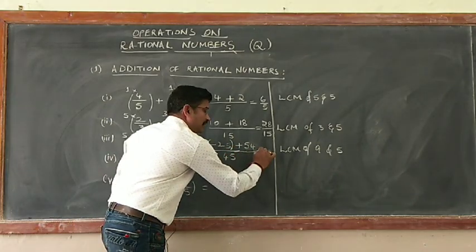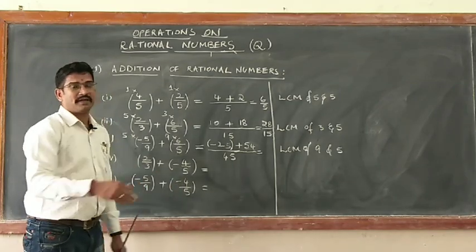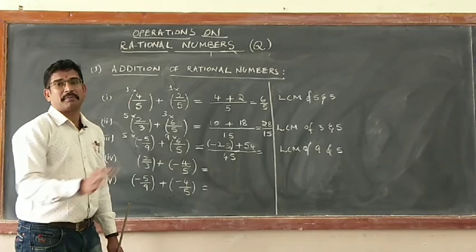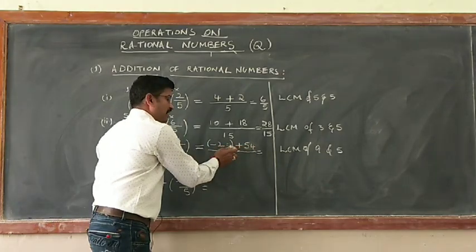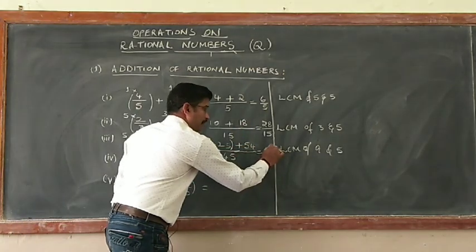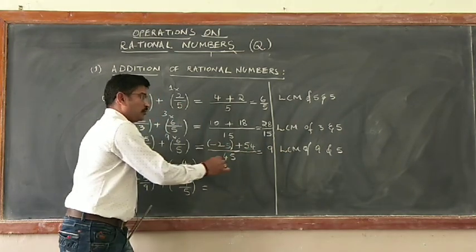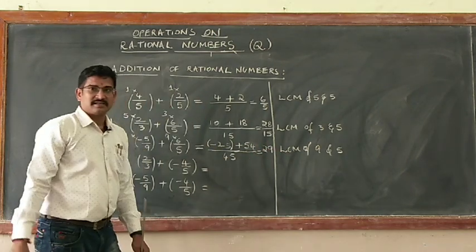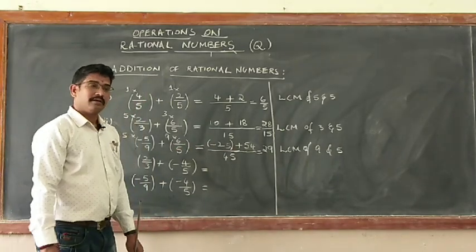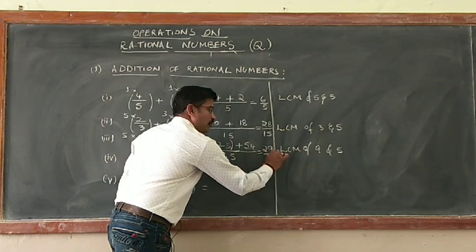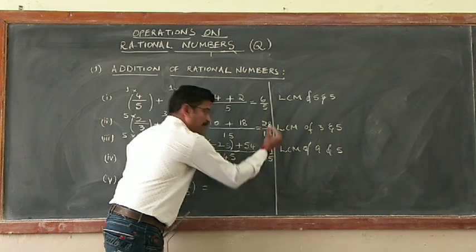With that knowledge, it is simplified further. 54 added to minus 25 is nothing but 25 is subtracted from 54. So, what is the answer? 4 minus 5 is 9, and here 5 minus 2 is 2. Since 54 is bigger, the sum of minus 25 and 54 is plus 29. So, the sum of these two rational numbers is 29 upon 45.